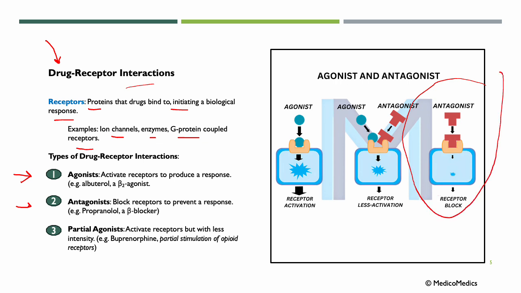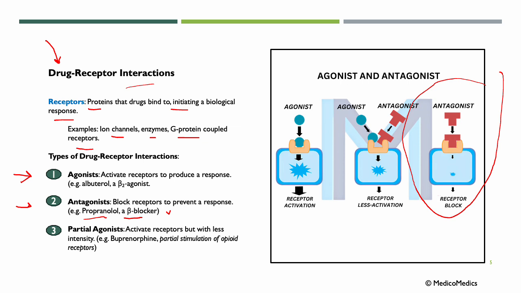And an example of an antagonist is propranolol, which is a beta blocker. And what does it do? Well, it's given in the name, right? It's a beta blocker. It prevents adrenaline from stimulating the heart, leading to a lower heart rate and lower blood pressure. Usually it's used in treating hypertension, for example.